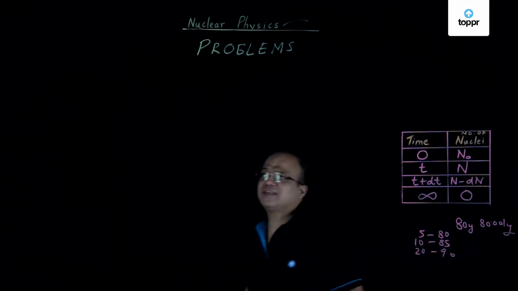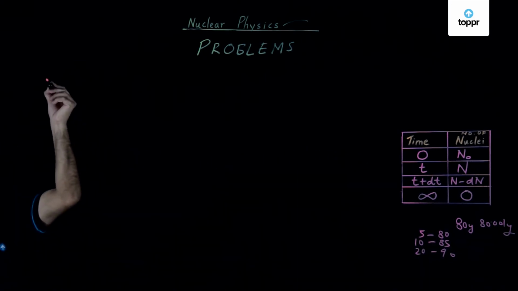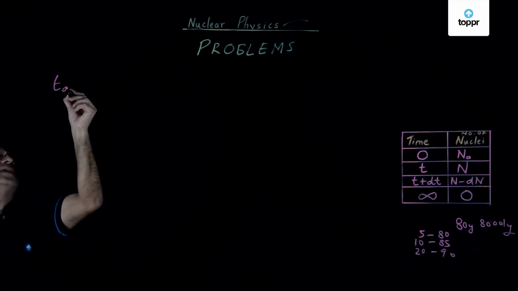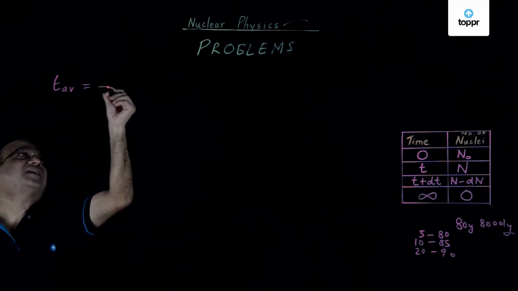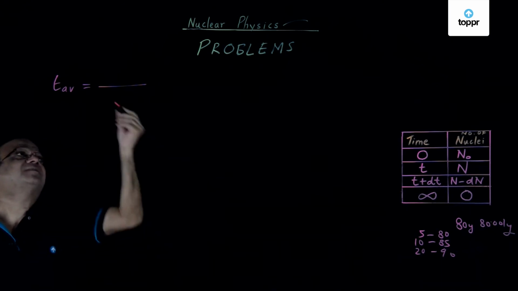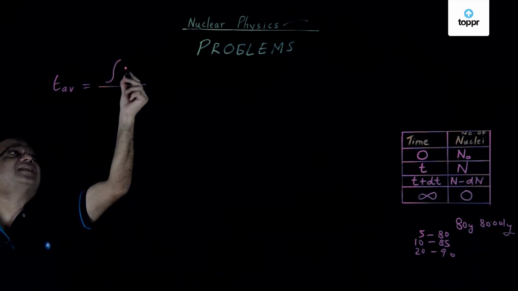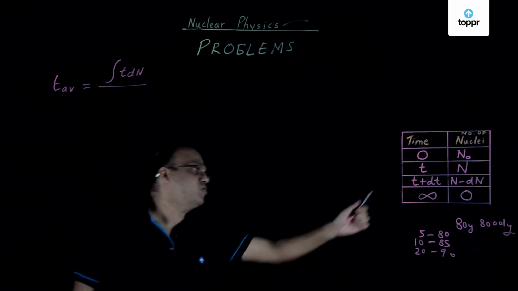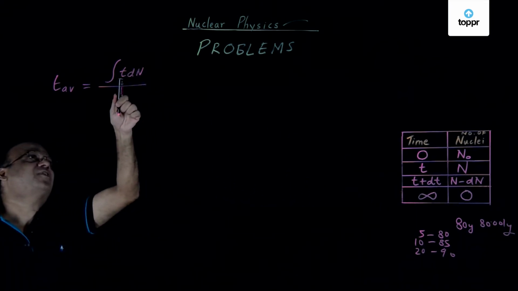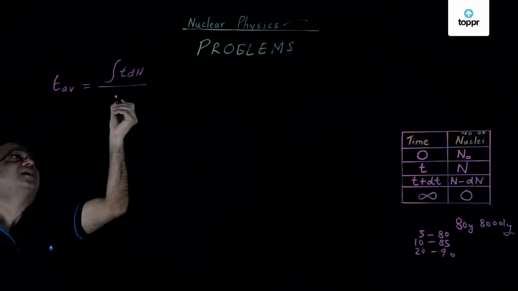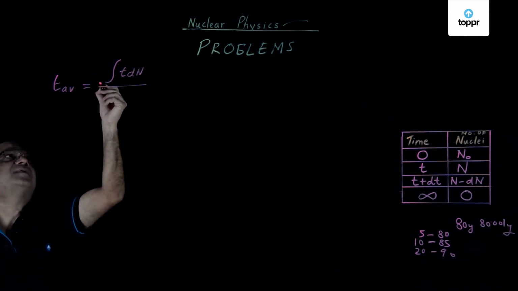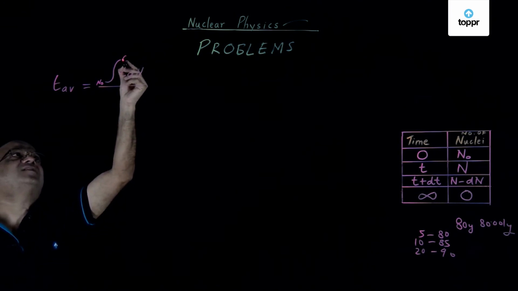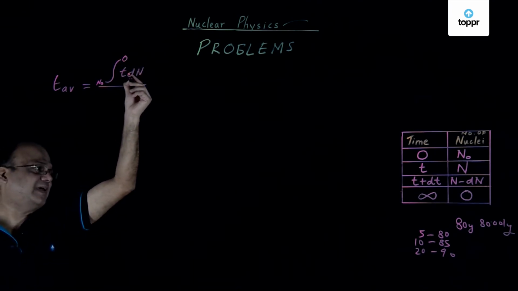So in this case, to find the average life, we'll integrate, because that is a continuous thing, and that was a discrete thing. We'll integrate t dN. dN nuclei have a life of t, and integrate this from initially N naught nuclei to finally 0 nuclei, right?